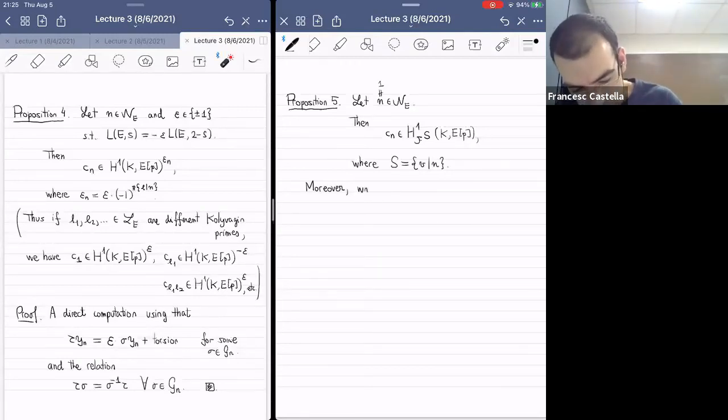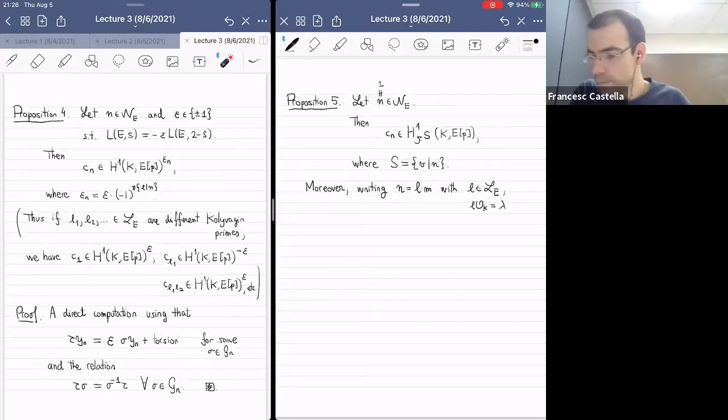Okay, so writing n as L times m with L in L sub e, and since L is inert, it's as usual LOK, call it lambda. We have the following.